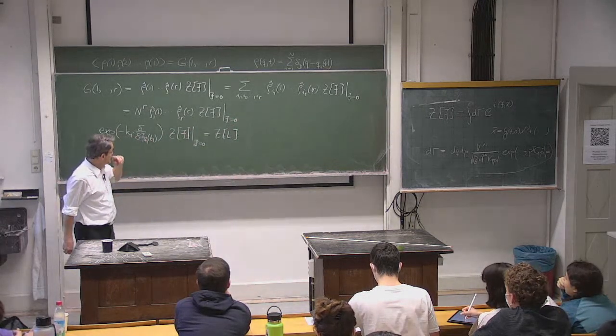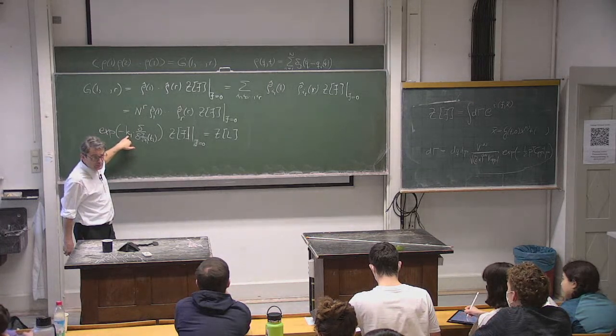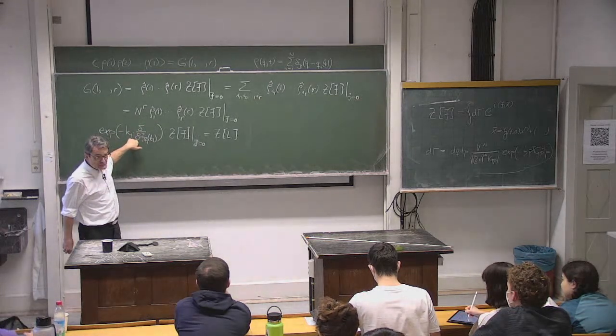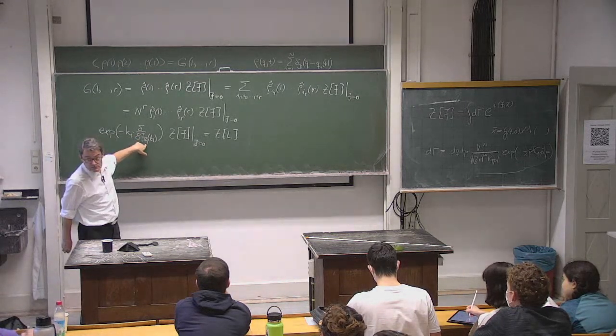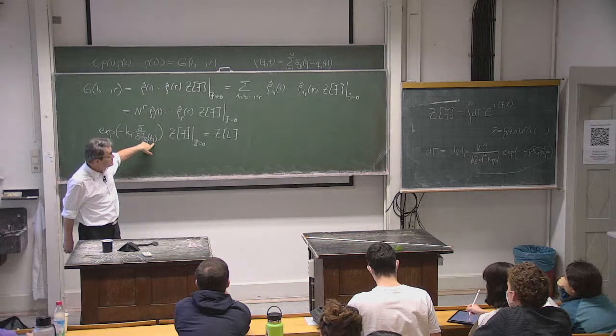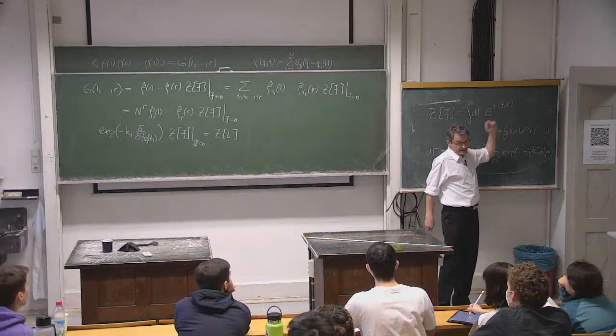That's going to be minus k1 times the application of the jq at time t derivative to this phase vector here.